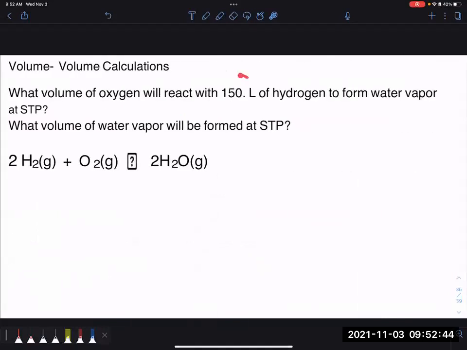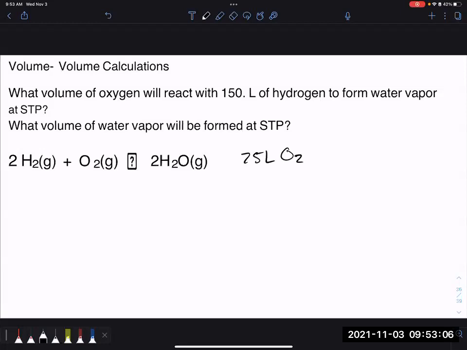Maybe this is what he meant by the simpler mole to mole ratios. Okay, so if we have 150 liters of hydrogen, I'm going to make a prediction right now. Our volume of oxygen is going to be 75 liters. All right, we're going to have 75 liters of O2. That's going to be the answer, and it's a similar reason to what we just did.